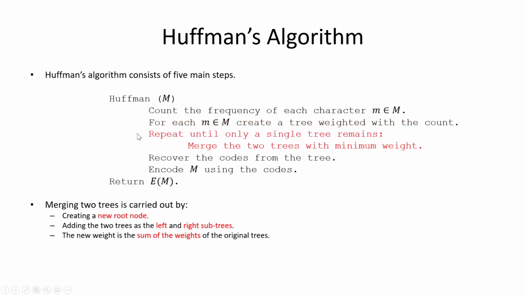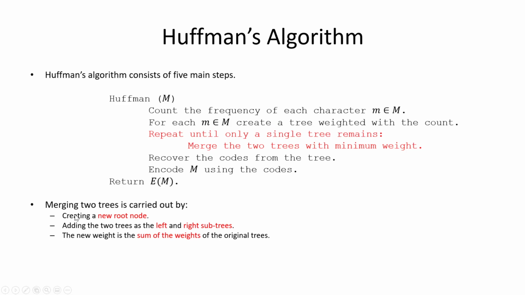So we now have one tree for each unique character, and now we're going to go through this loop, where we're going to eliminate one tree at a time. We're going to pull 2 trees out of whatever data structure we're using, although we'll usually use a priority queue here. We'll pull 2 trees out with minimum weight, merge them together, and then put them back in.